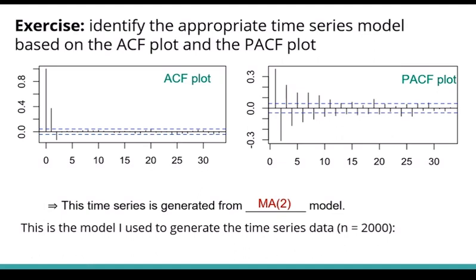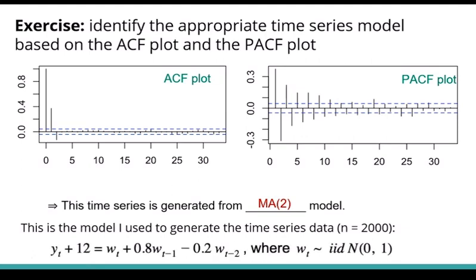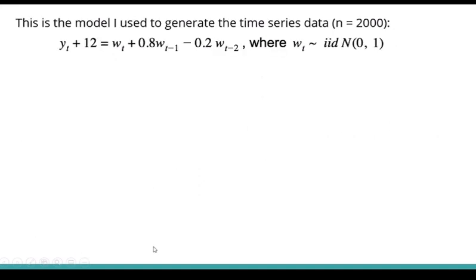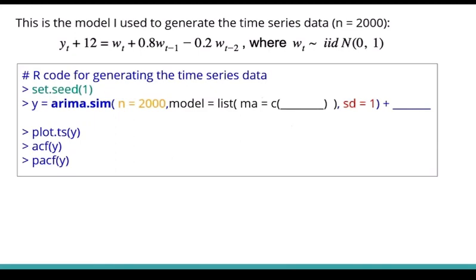So this is the model I used to generate the time series data. Take a look at that. Based on what I have now, this is the model, and you can see it's a moving average model of order 2.